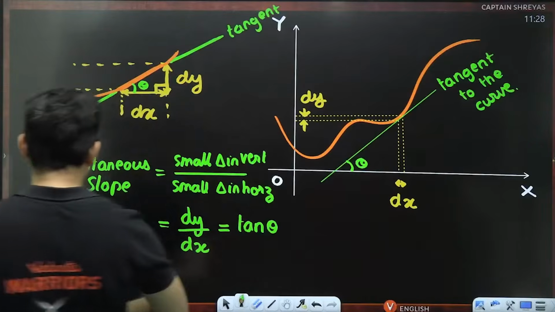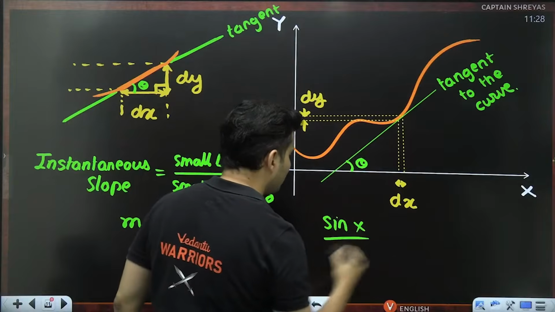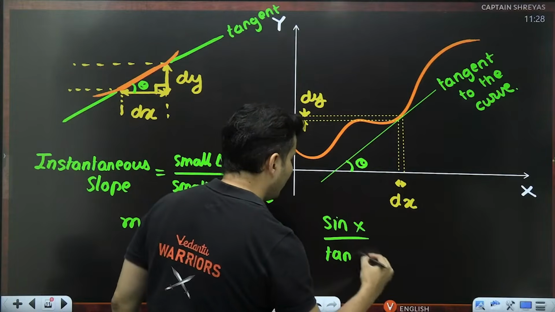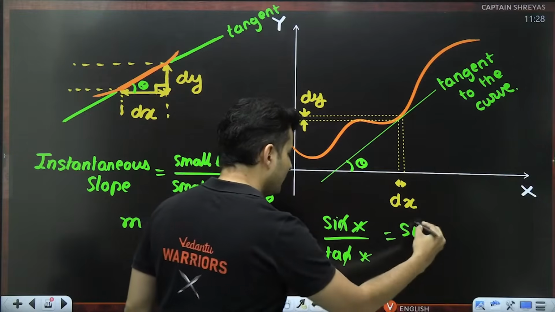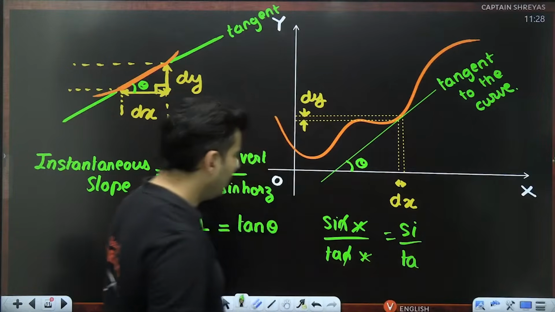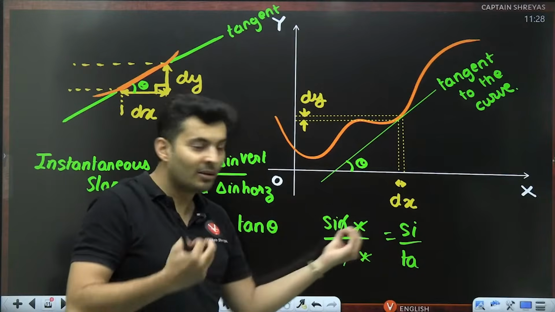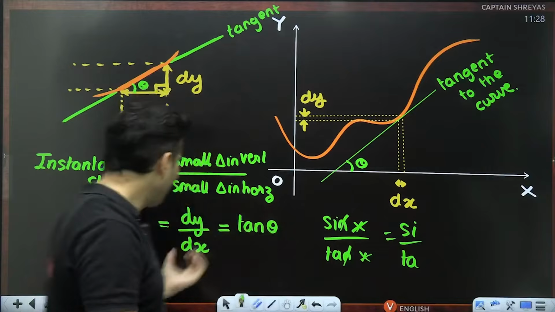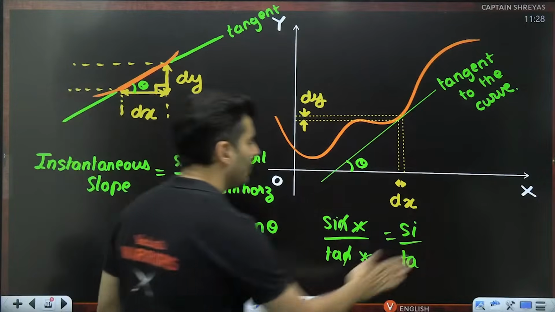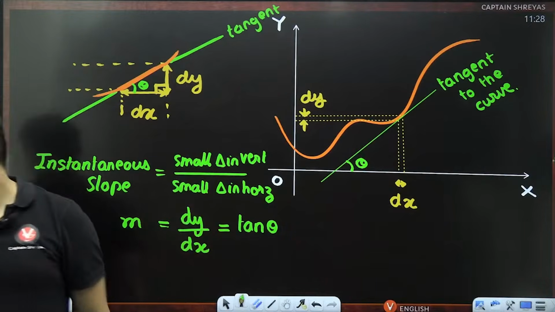For example, somebody will say, sir, sine of x by tan of x, n and n will cancel, x and x will cancel, so it is si by ta. Understand, sine is not s into i into n. It is an operator, a function. In the same way, delta and d are operators. You cannot do those kinds of random things over here.